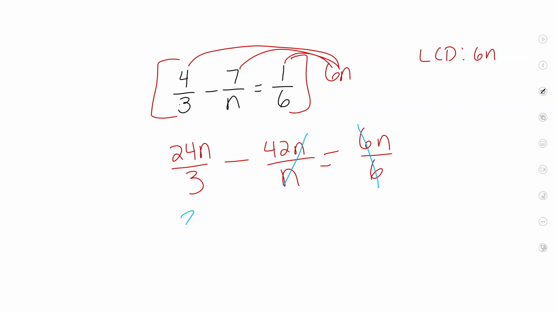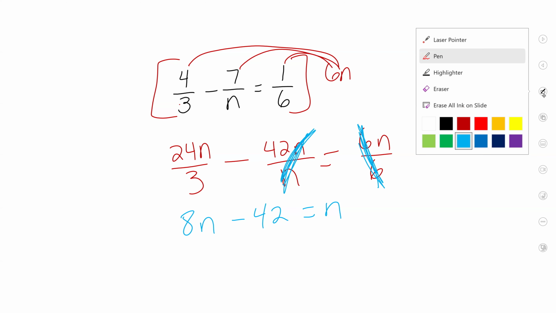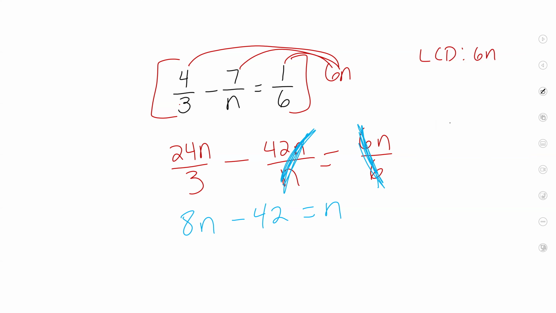So this is just 8n minus 42 equals n. Now you can just solve because these canceled out. So if we solve this, I can subtract n, you get 7n equals 42. Divide by 7. You get n is 6.